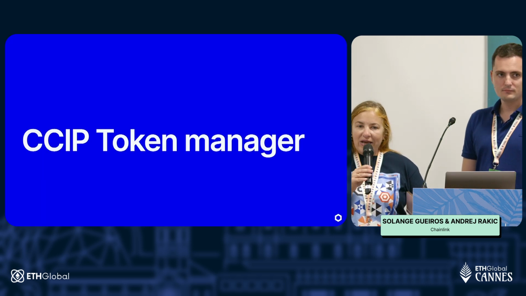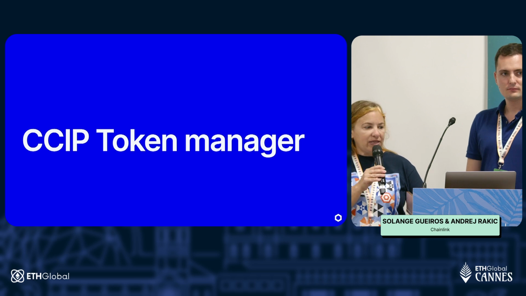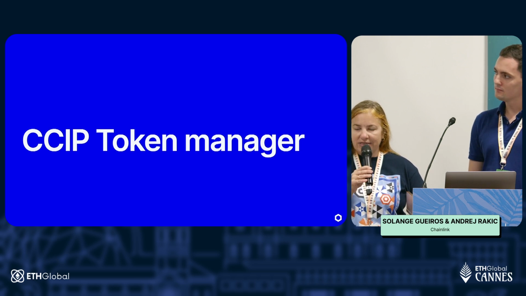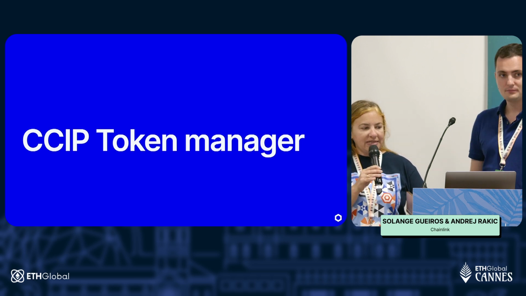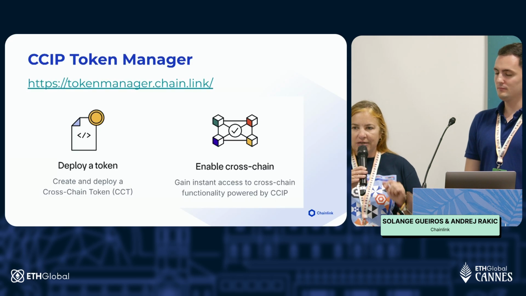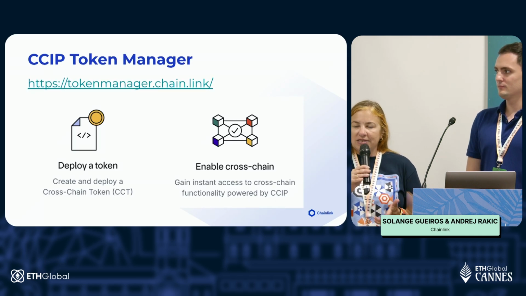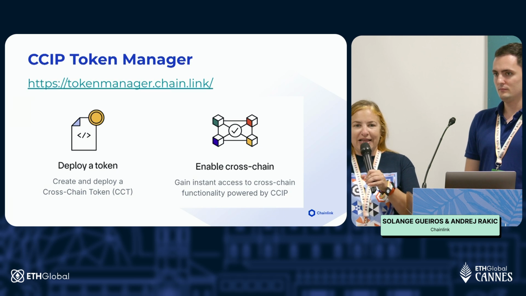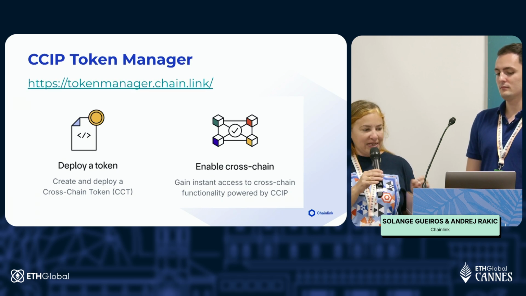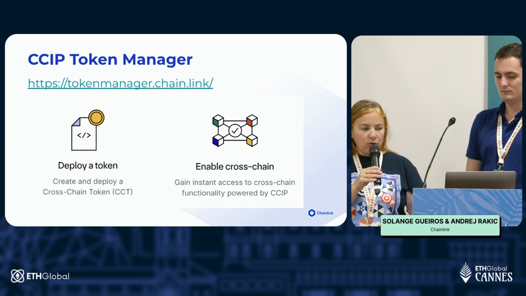So, ways that you can use and create your token, your CCT token. One of those is the CCIP Token Manager. So this is a UI, this is an interface where you can go and click next, next, next, and choose your networks and do everything. You can deploy the token over there.